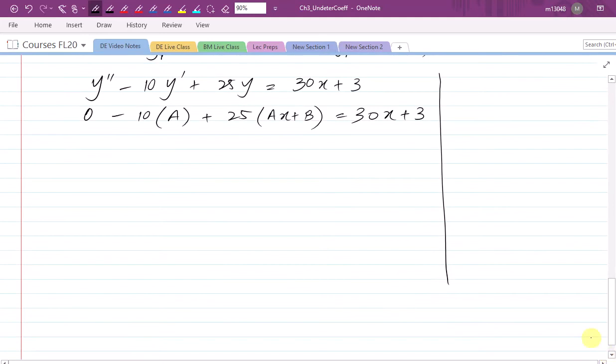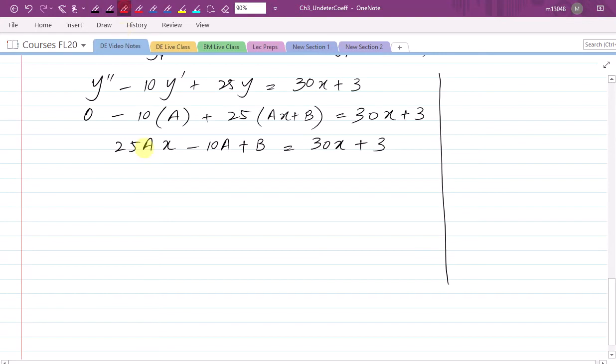So how do we find our a and b then? On the left hand side, let us write it in standard form. So let's write 25ax minus 10a plus b equals 30x plus 3.